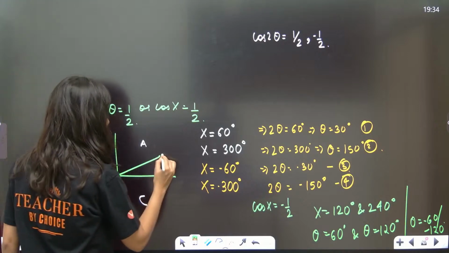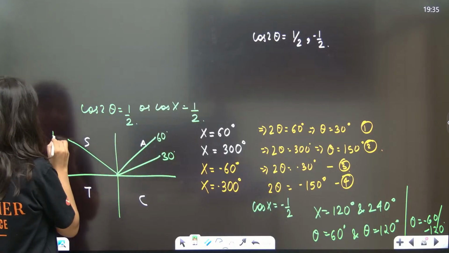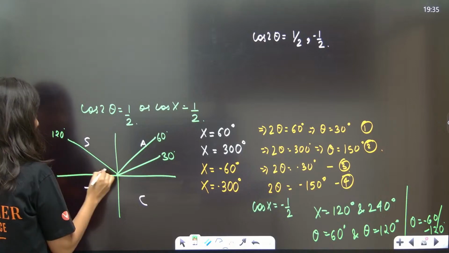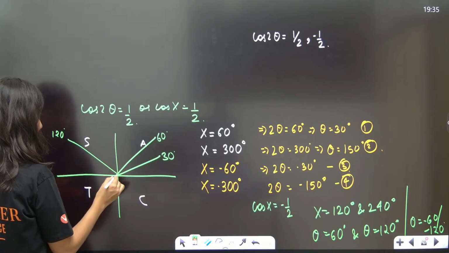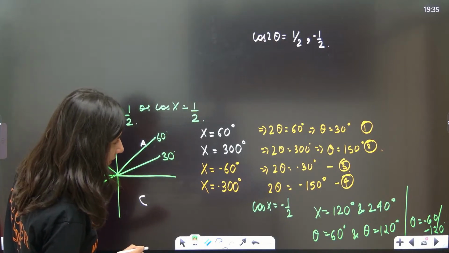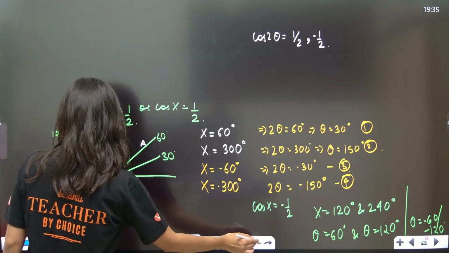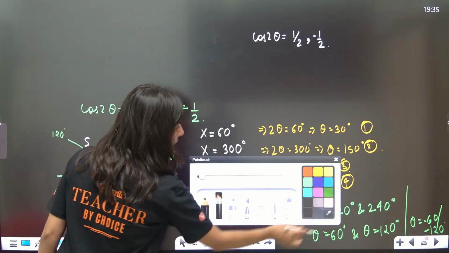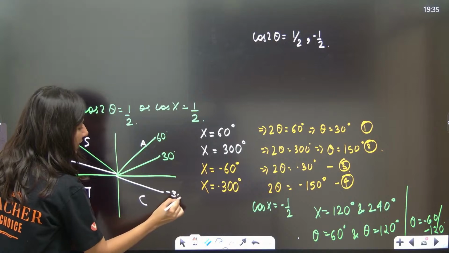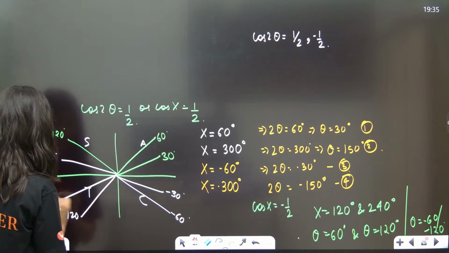So see, 30 degree here, answer. 60 degree here, answer. Correct. Then we are having 30, 60 and 120 only, not 240. Correct, these are the values. And 150 also, let's not forget. Then you are having minus 30, minus 60, minus 120 and minus 150.